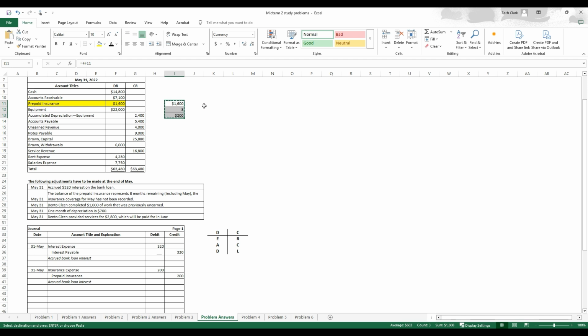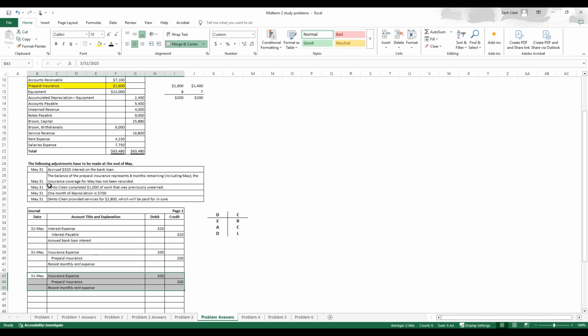And so after we do our journal entry, this balance of 1,600 would now be 1,400, which would represent 7 months. And you can still see same amount per month, but it's now lower by 200 after we book this entry for reducing our asset with a credit of the $200. And we'll just say record monthly insurance expense. Okay.